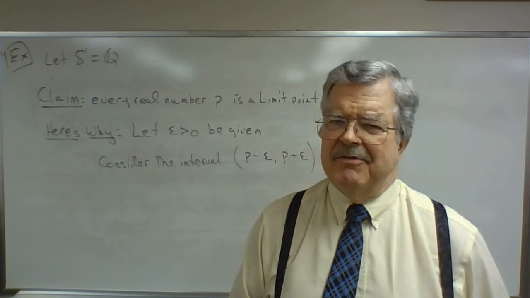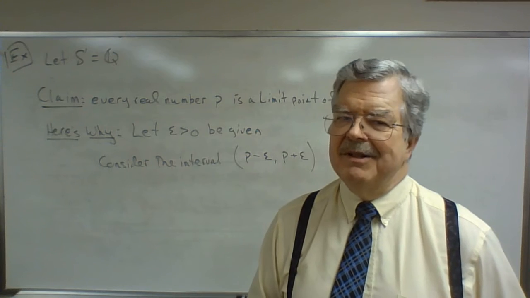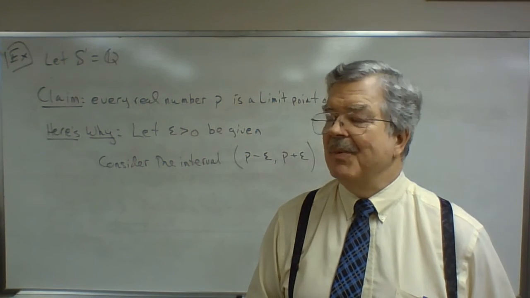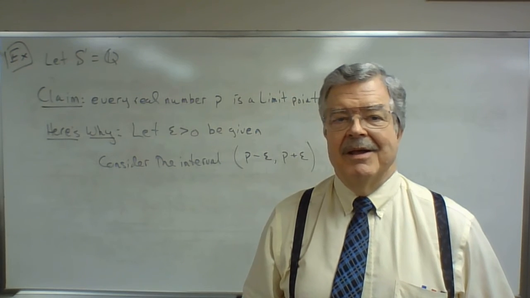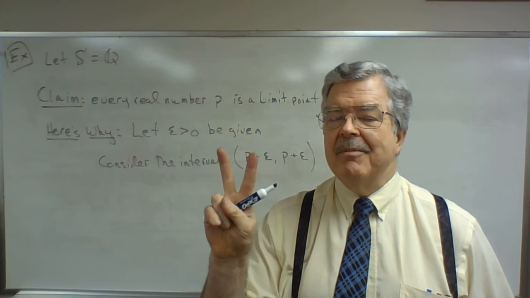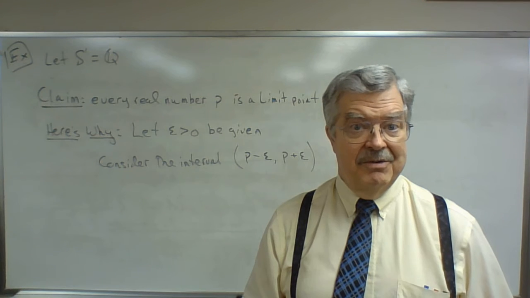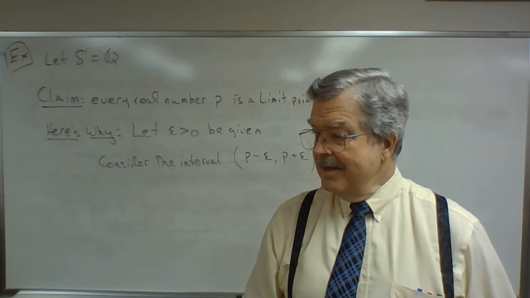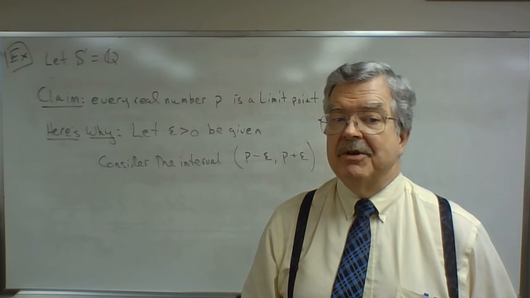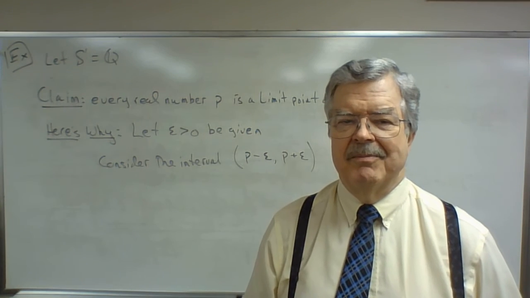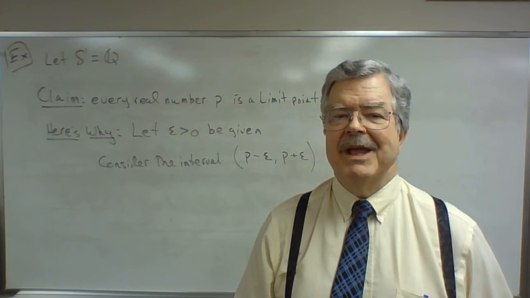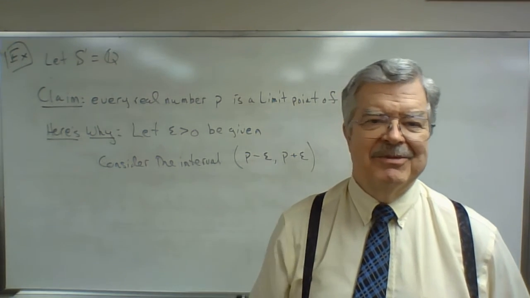And remember, very early back in Real Analysis 1, we had these wonderful theorems that we actually proved. Between any two real numbers, there's a rational number. And we also proved that between any two real numbers, there's an irrational number. Well, we're going to make wonderful use of those theorems right now.